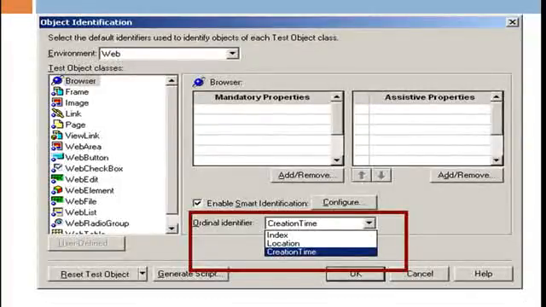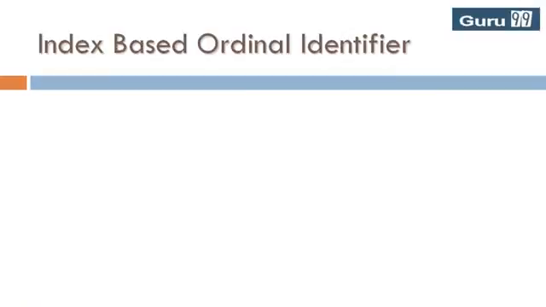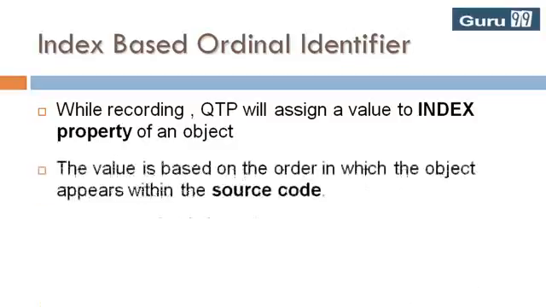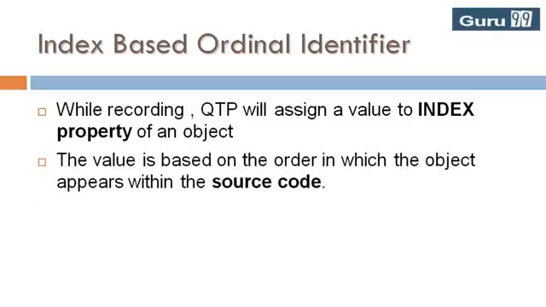Let's look into the 3 types of ordinal identifiers one by one. Index-based ordinal identifiers. When using index-based ordinal identifiers, QTP will assign a value to index property of an object. The value is based on the order in which the object appears within the source code.